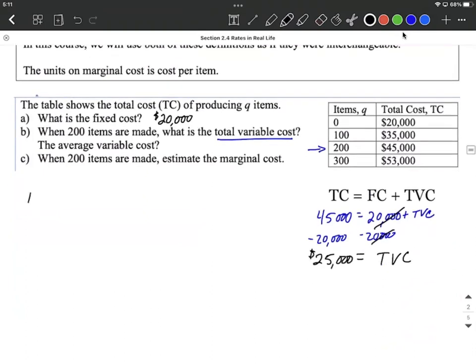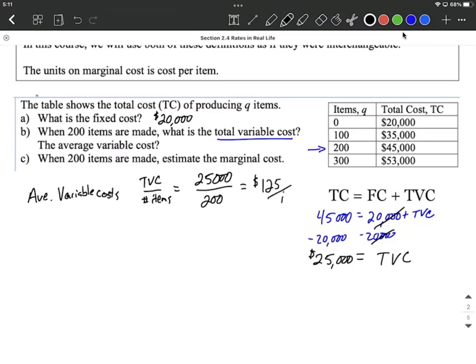We said total variable costs were $25,000. Number of items, well, we were producing 200 items, our quantity Q there. So this is going to be $125 per item.